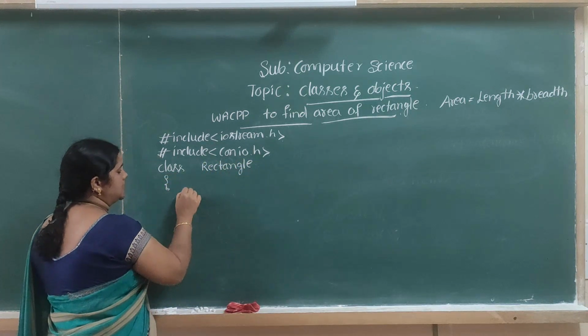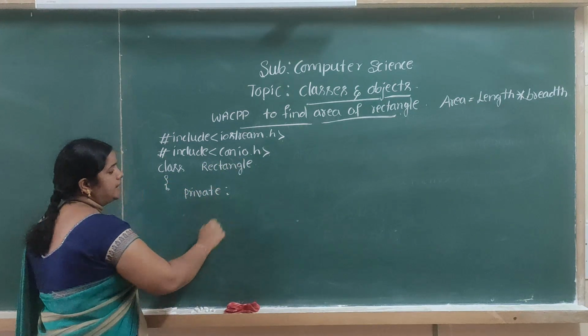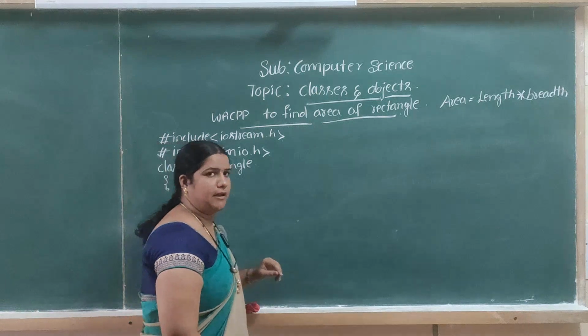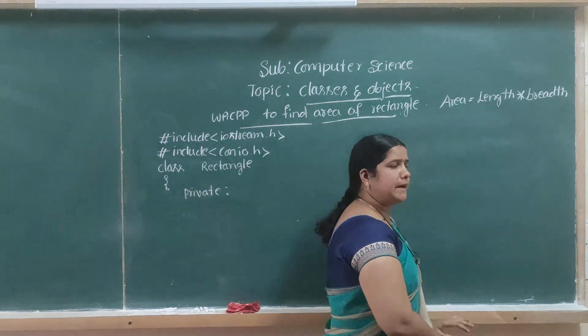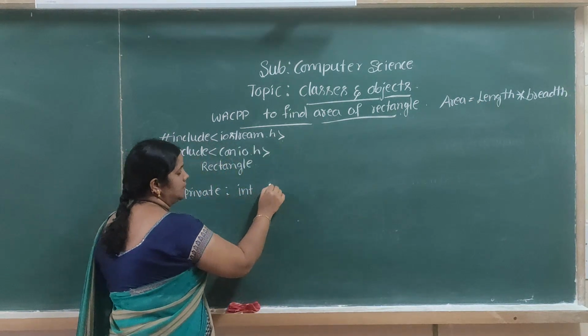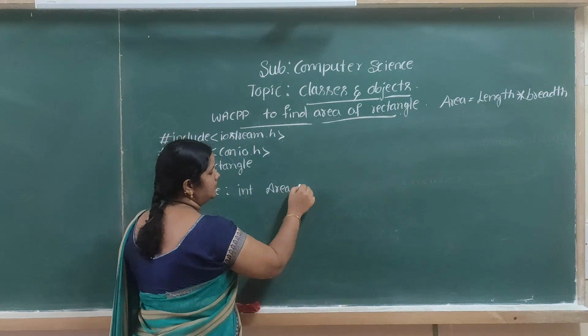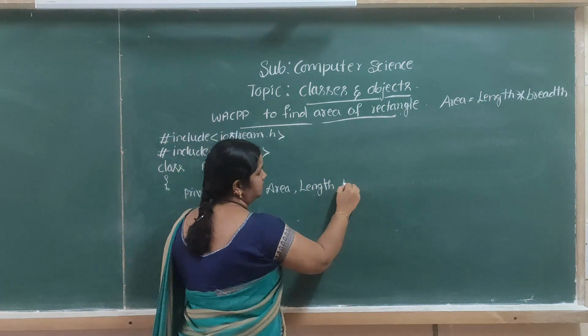Next is the public section, which contains the data members of the rectangle: area, length, and breadth. It can be written as int area, length, breadth.